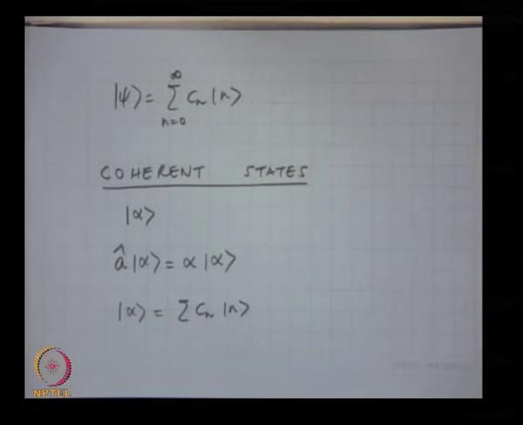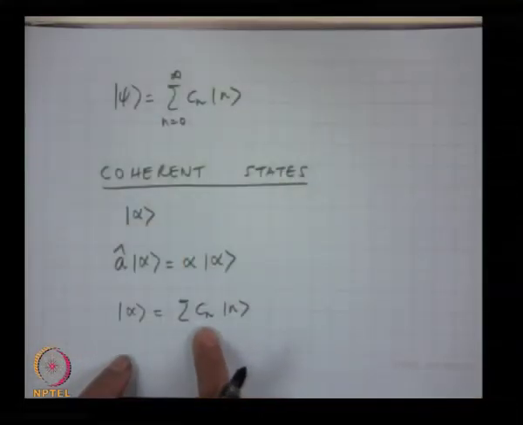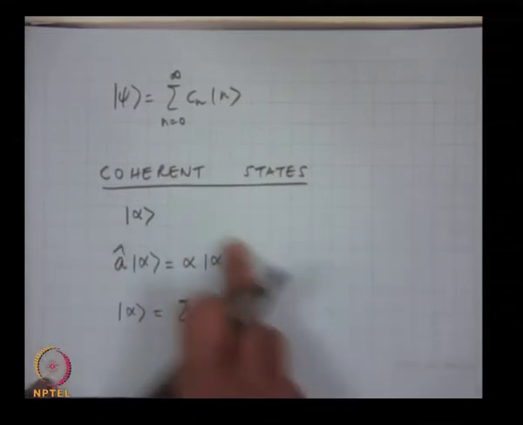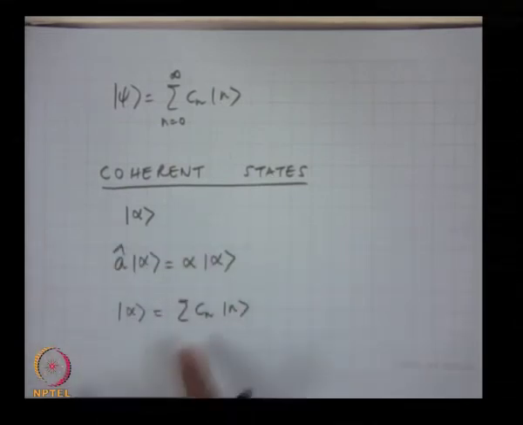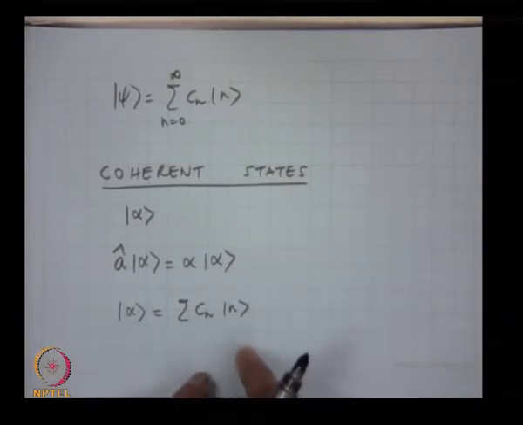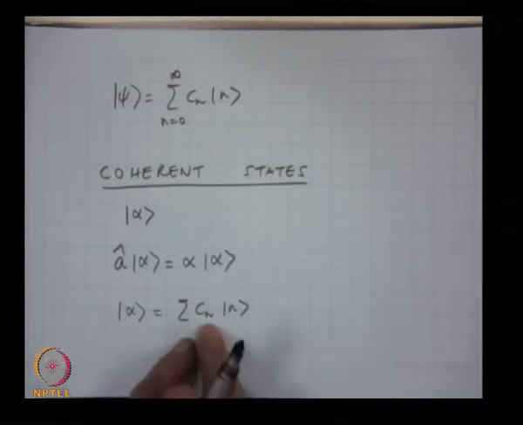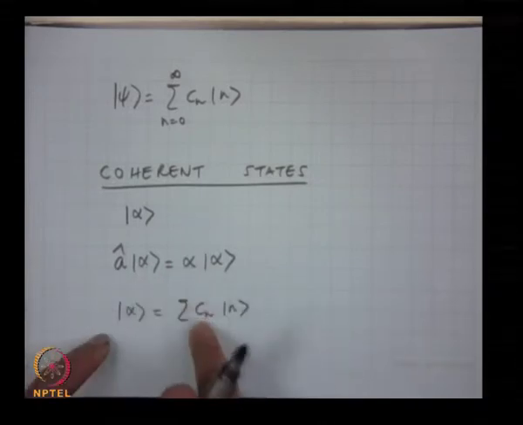I want to find out what set of Cn's satisfy this equation. Alpha is some state which I say is an eigenstate of the annihilation operator. I want to express the alpha state in terms of an expansion in ket n states, and to do this I need to get the expansion coefficients Cn so that this satisfies this equation.